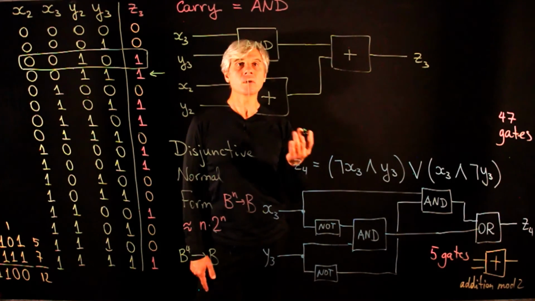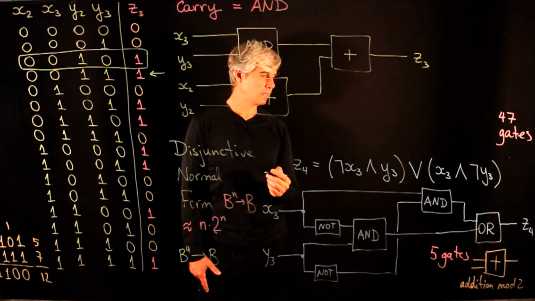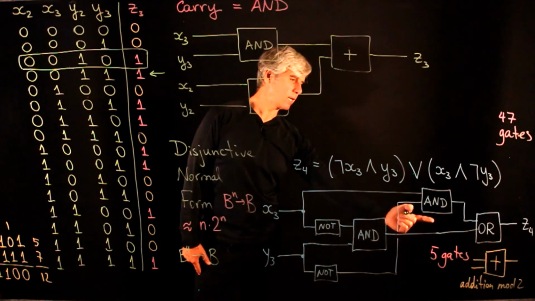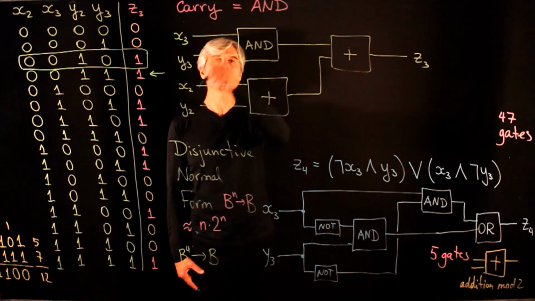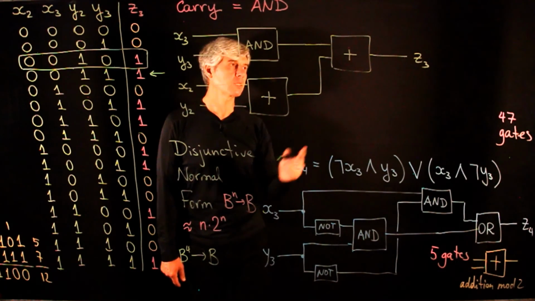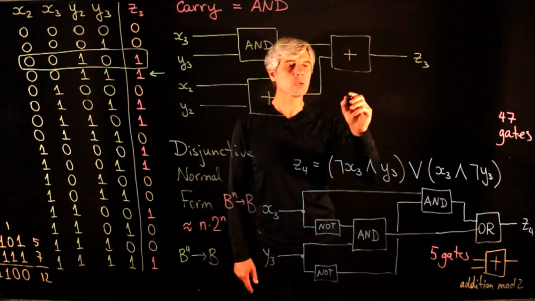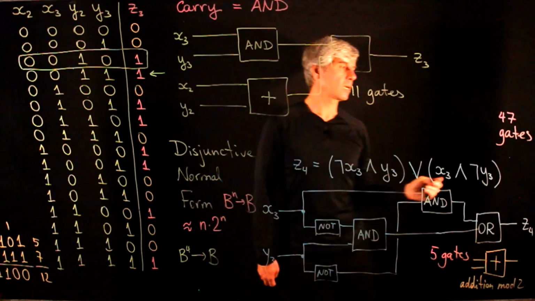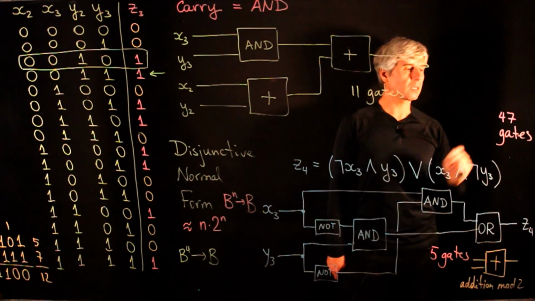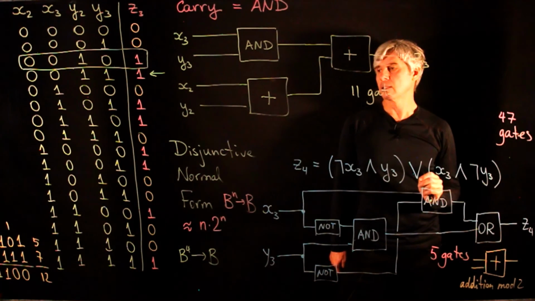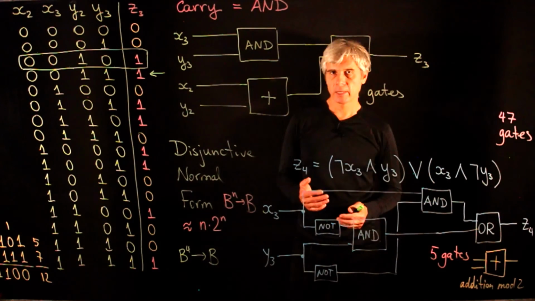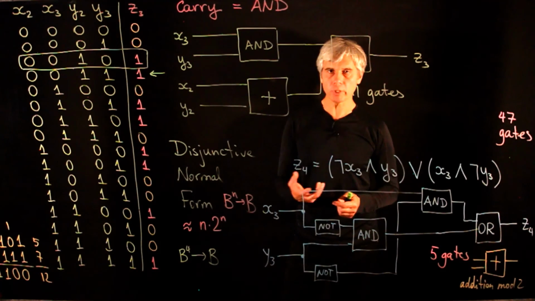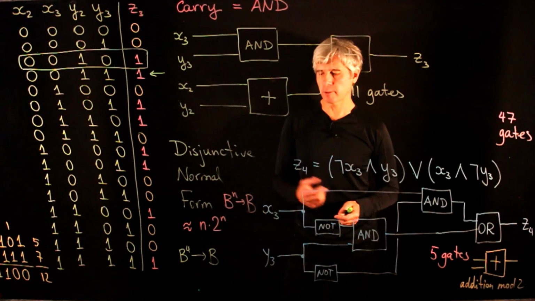Now we can see that for the plus, we are using 5 gates. So this means that for this computational scheme that computes Z3, we are using only 11 gates, which is way better than 47 gates that were given by disjunctive normal form. So now we see the distinction between the concept of a boolean function and the concept of an algorithm.